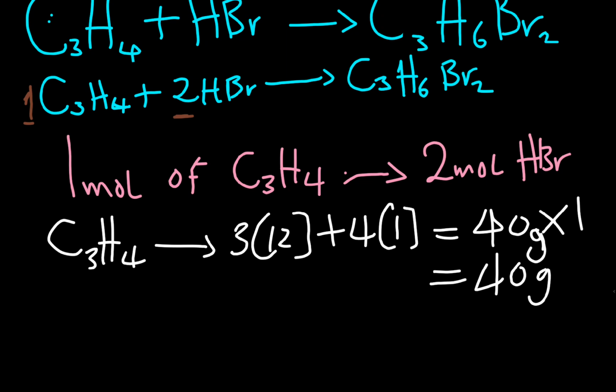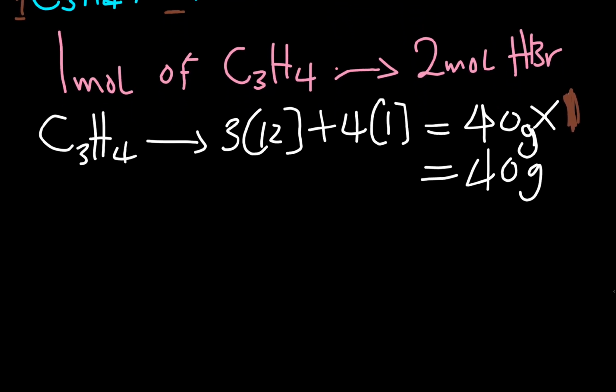This one here is 1 from our number of moles. Going further, the molar mass of hydrogen bromide. Hydrogen bromide is HBr, right? The H is 1, times the number of atoms, which is 1, here too is 1.